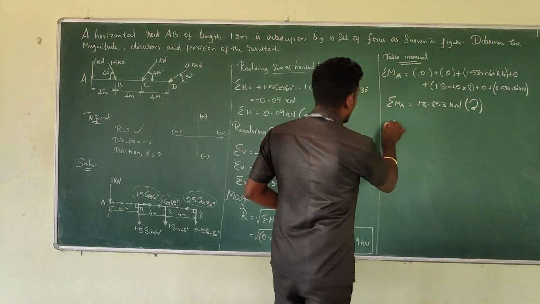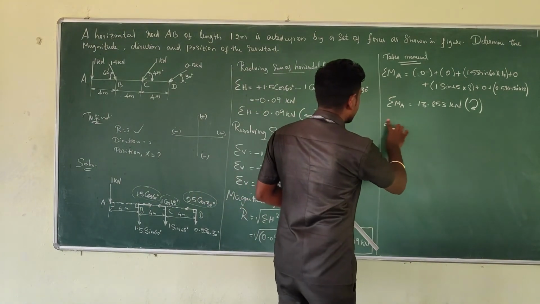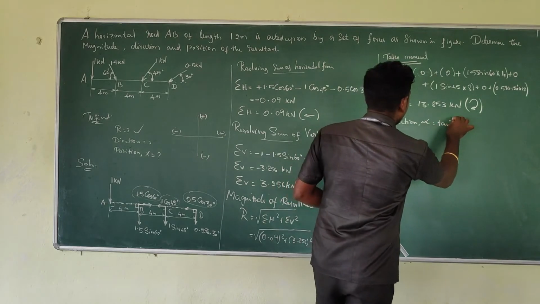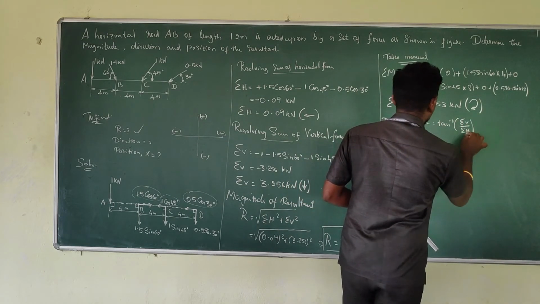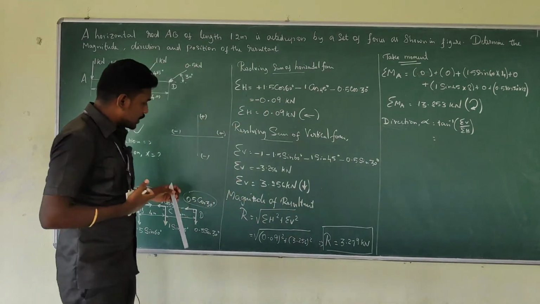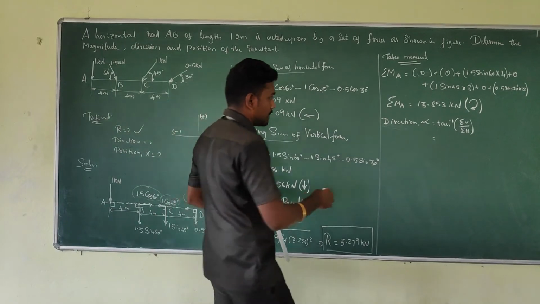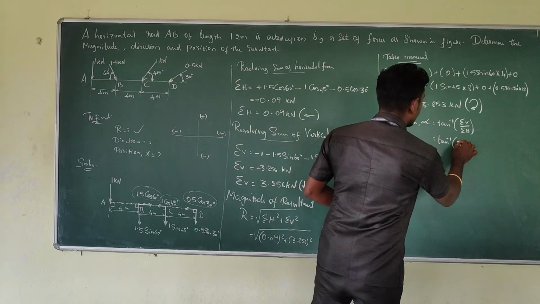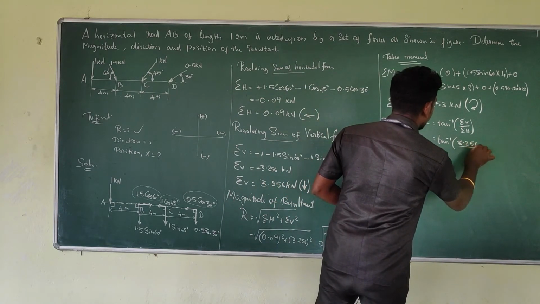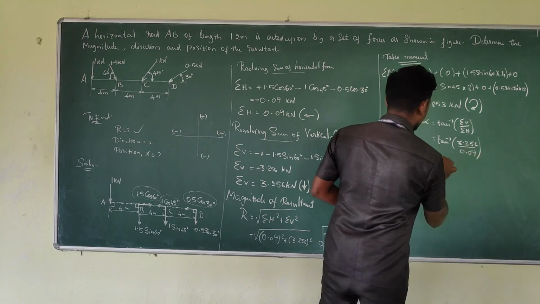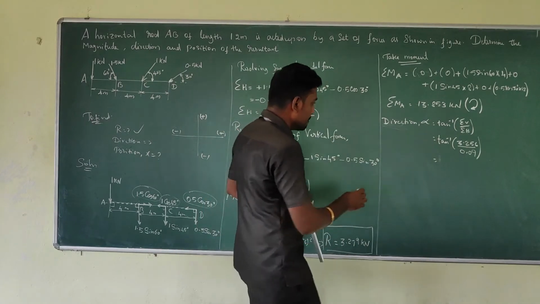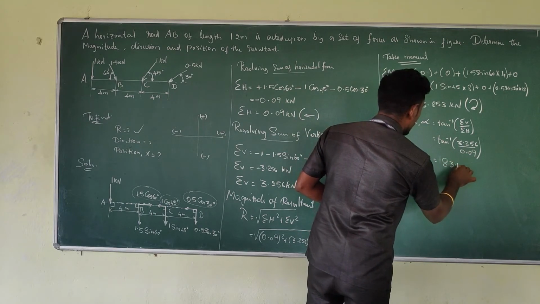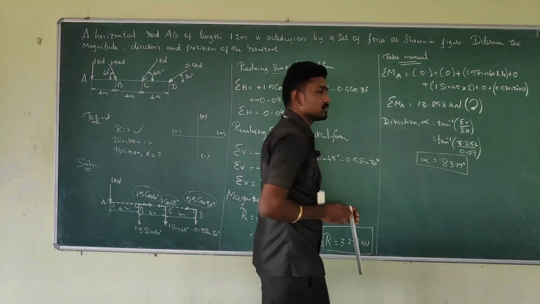In order to find the resultant direction, alpha is equal to tan inverse of summation of V divided by summation of H. Already we got the values for summation of H and summation of V. Just substitute: tan inverse of 3.256 divided by 0.09. So you will get alpha as 83.17 degree.